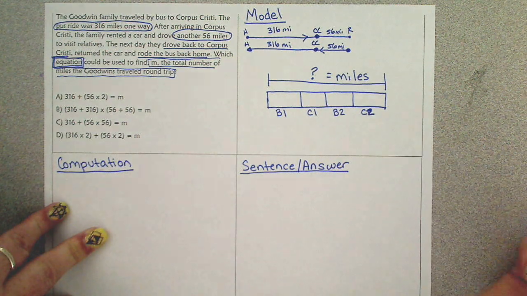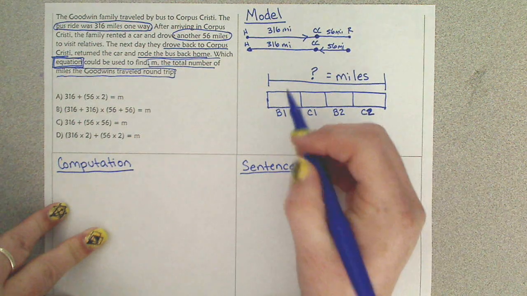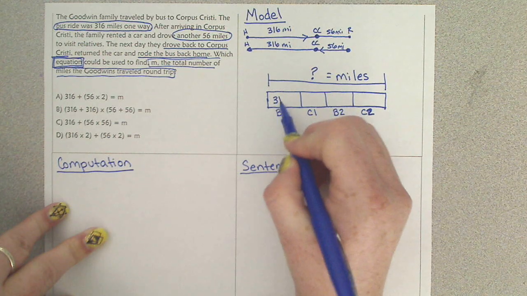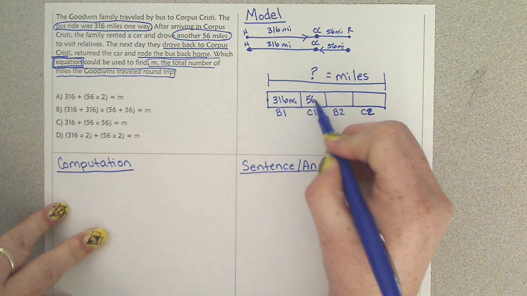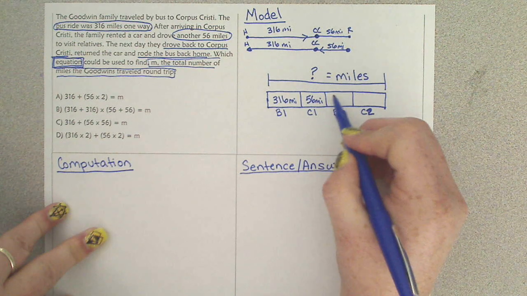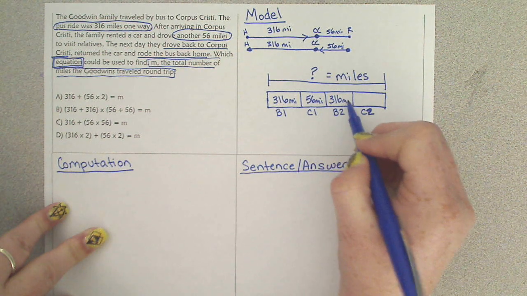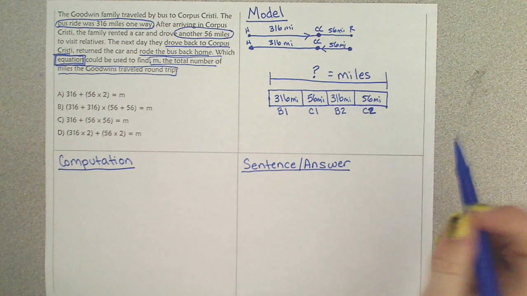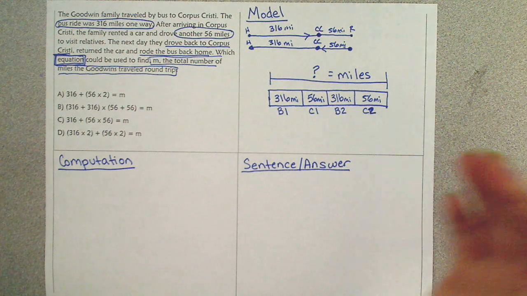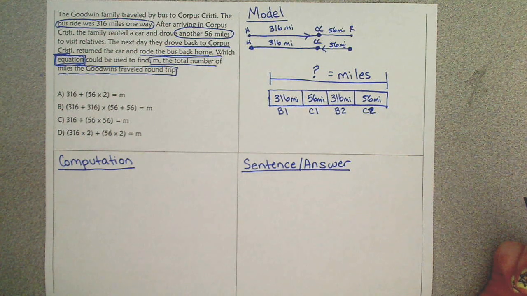This is why you don't write in pen, ladies and gentlemen, for math. So the first bus ride was 316 miles. The first car ride was 56 miles. The second bus ride was 316 miles, and the second car ride was 56 miles. So now we have our model showing how we would do this.